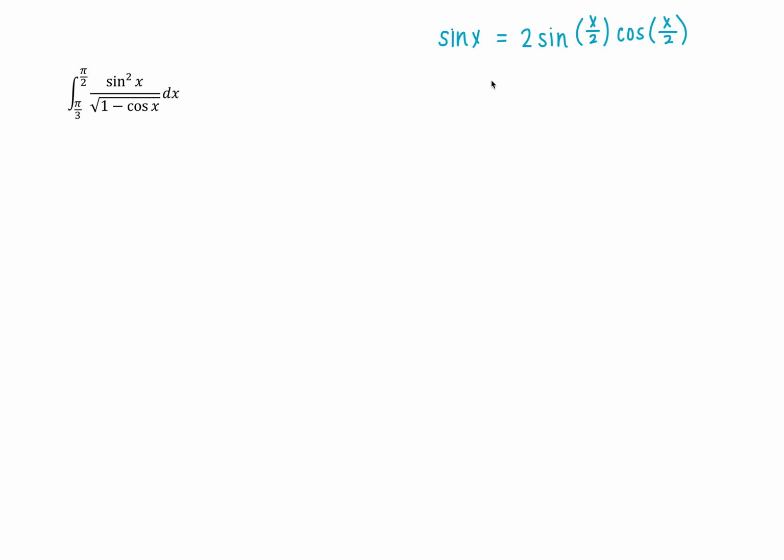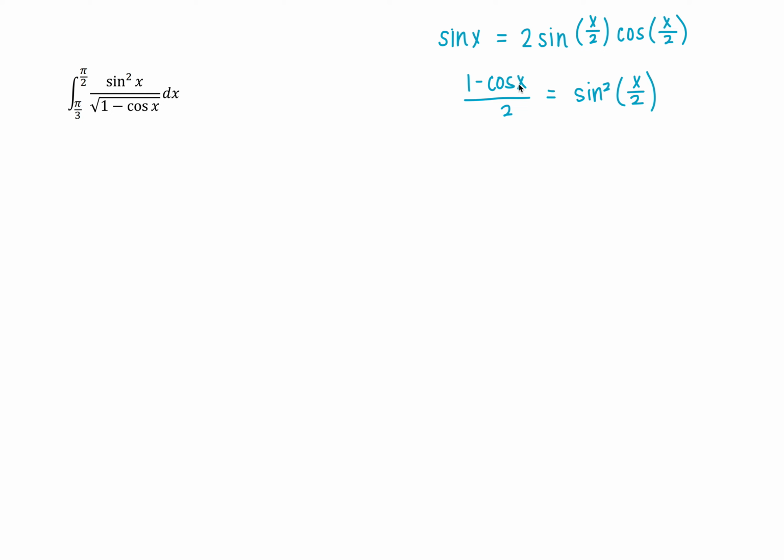And then the other one I'm going to make use of is that 1 minus cosine x over 2 is equal to sine squared of x over 2. So it's just a rewriting of the identity that I used in the previous one.